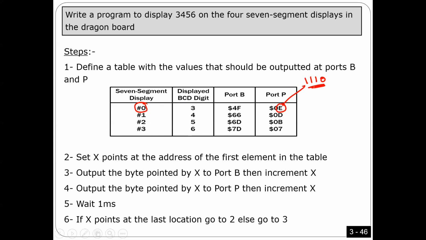If you look here, I'm going to put D, which is 1, 0, 1, 1. Here I put B, which is 1, 1, 0, 1. Here I put 7, which is 0, 1, 1, 1. So you can see here, I have to enable one display, and then I have to write this number to port B. Is that okay?